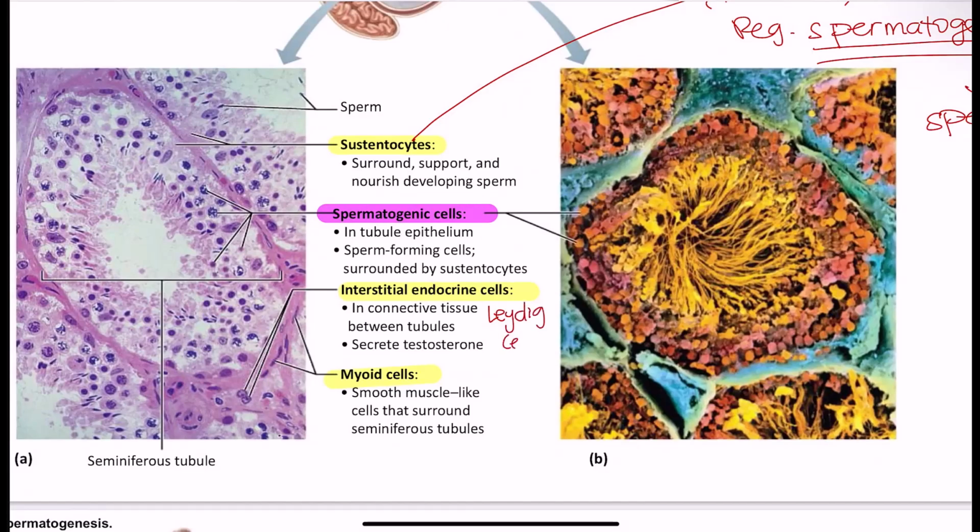Leydig cells, that's a synonym. They make hormones called androgens. The most important of these, I'm going to highlight in pink, being testosterone. So testosterone is a type of androgen, and that is very heavily involved with male reproductive physiology.